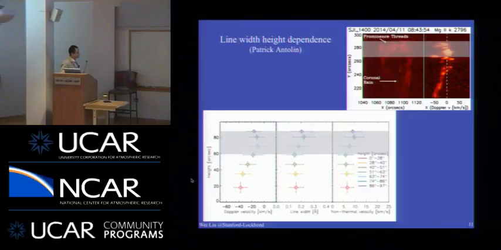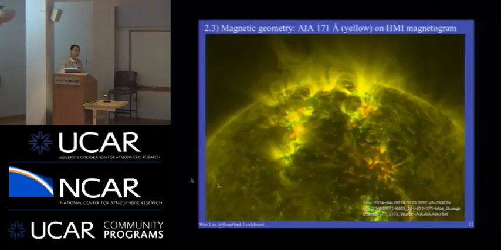Further down, when they turn into coronal rain entirely, there's not much change in the line width, but of course there's an increase of velocity as they descend. Let's move on to the next slide to look at the geometry on a global scale. Here's a movie from AIA 171 overlaid on HMI magnetograms.